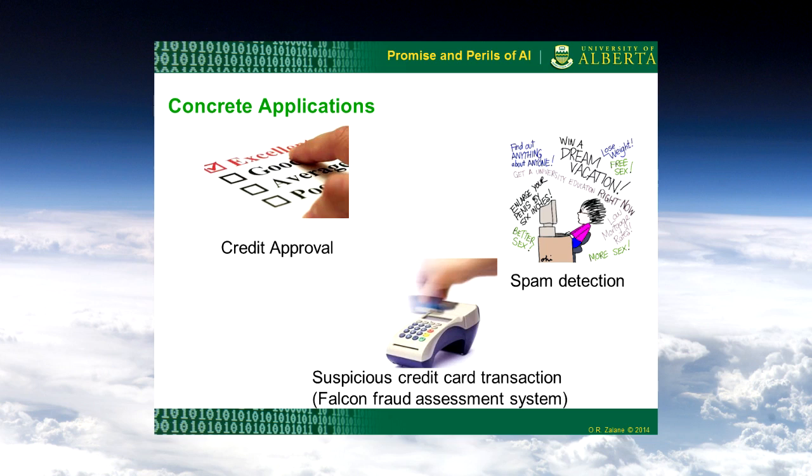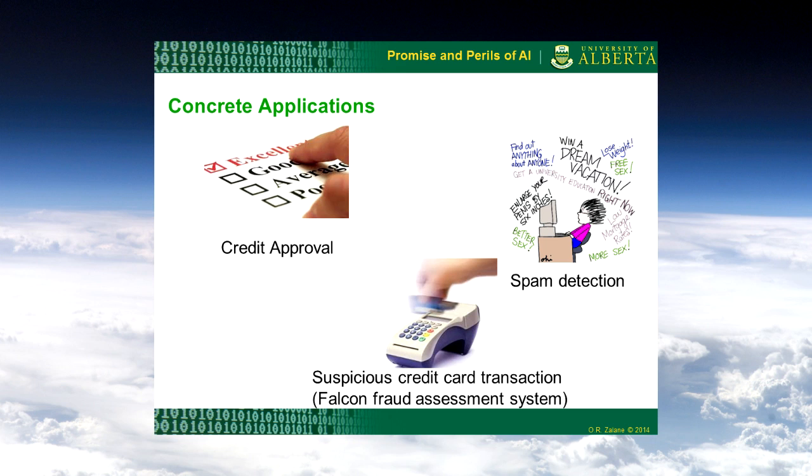So here are examples of applications where the computer can learn. You all know what spam is. You're all bombarded with spam, and you don't want to see it at all. And yet people continue to find ways to get to your mailbox.